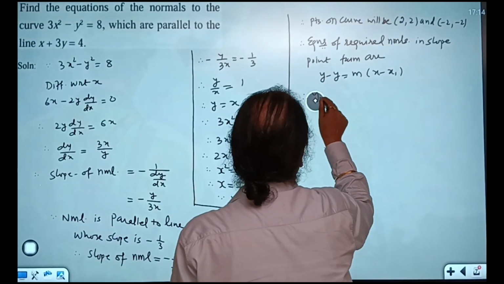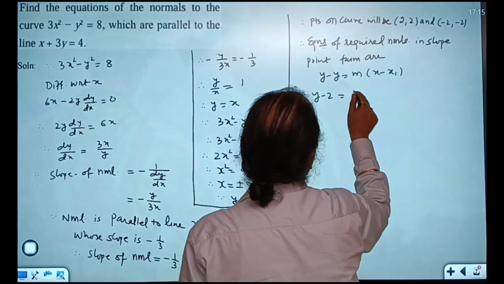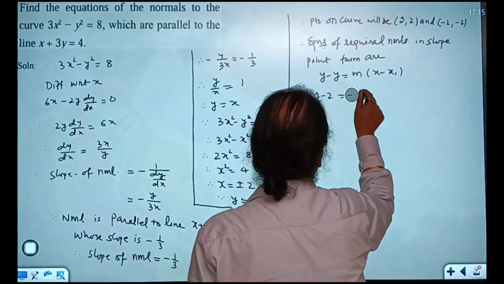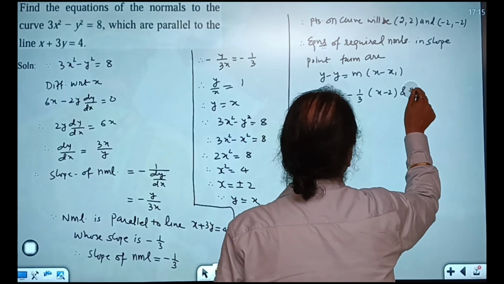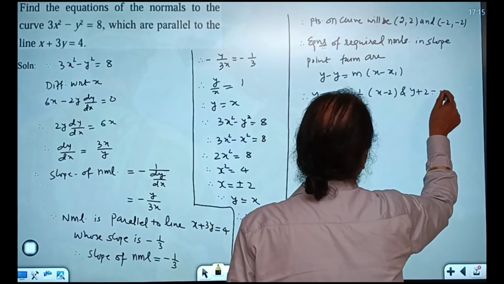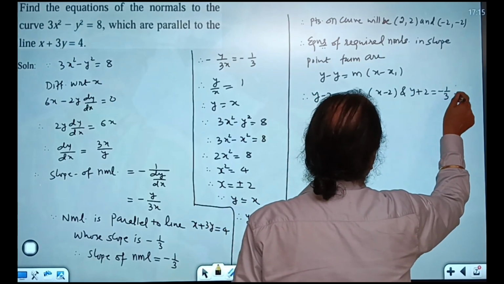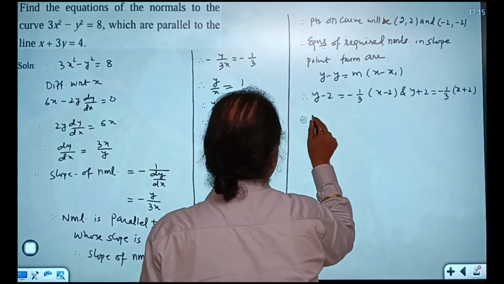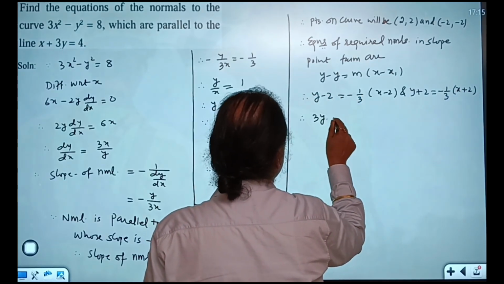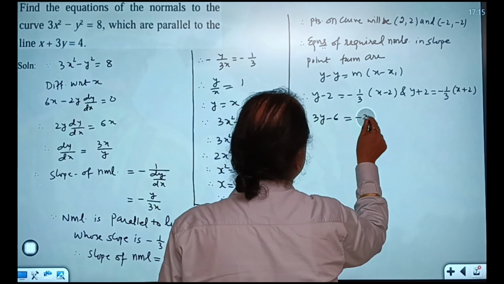So y minus 2 is equal to minus 1 upon 3 into x minus 2, and y plus 2 is equal to minus 1 upon 3 into x plus 2. 3y minus 6 is equal to minus x plus 2.